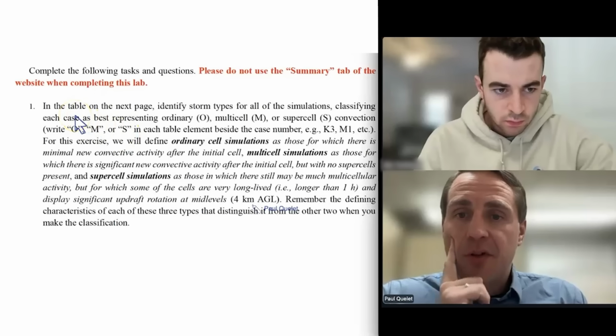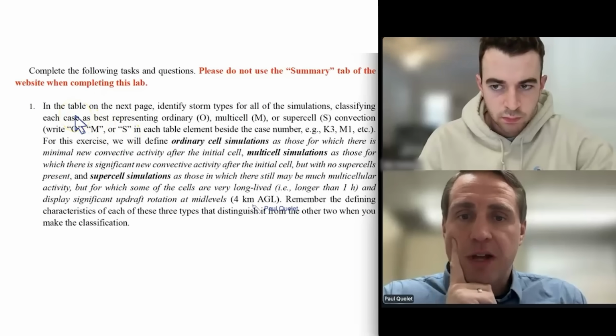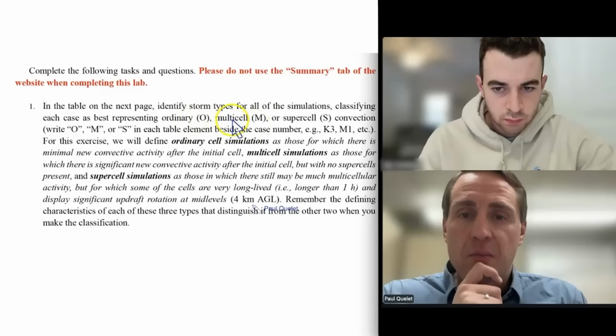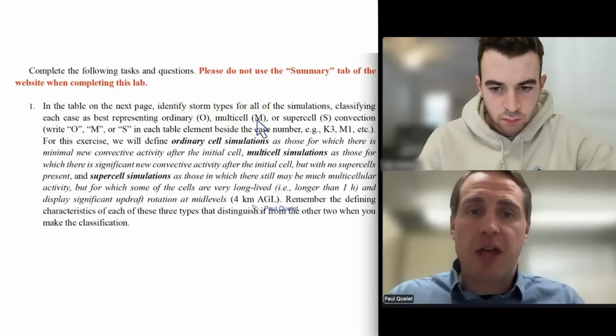In the table on the next page, identify storm types with all the simulations, classifying each case with the best representing ordinary O, multicell M, supercell S, convection.